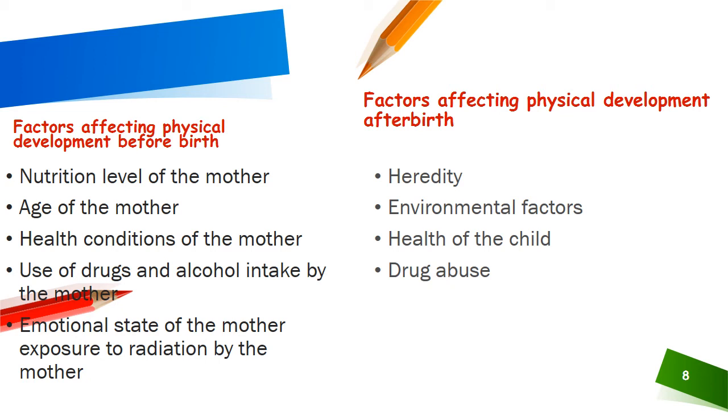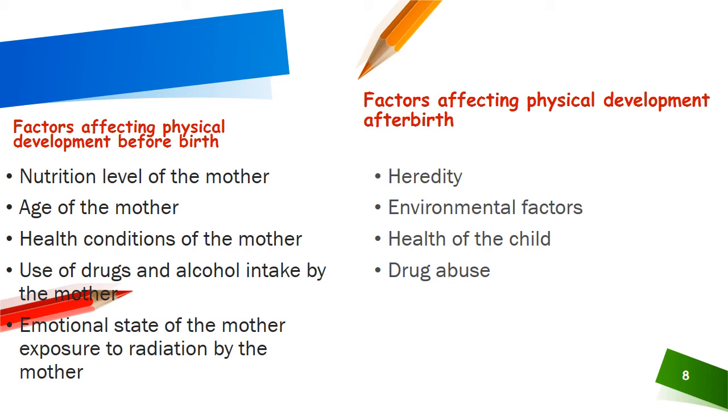So this can affect the physical health of the unborn child. Then if the mother is too old, whereby certain cells have started dying, this can affect the development of the unborn baby. Then the health condition of the mother, maybe a pregnant woman that is always sick, always bedridden. This can affect the development of the child.